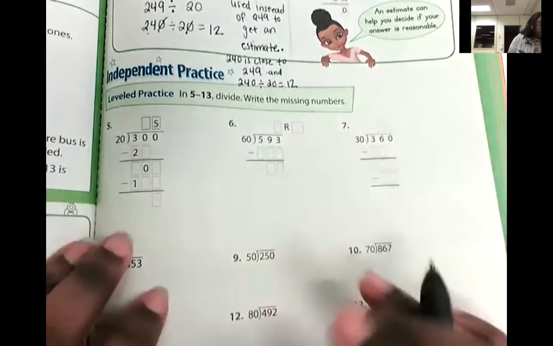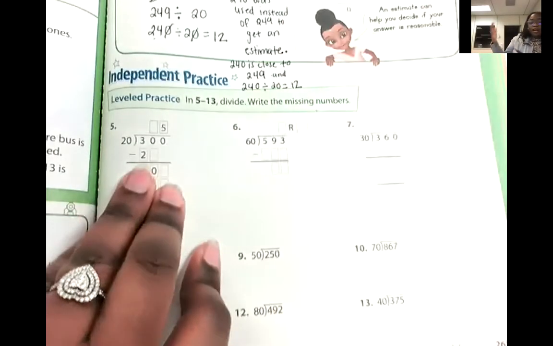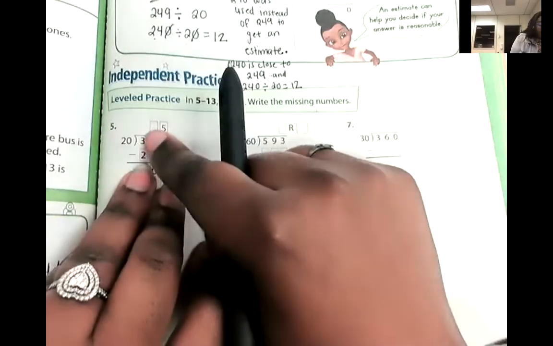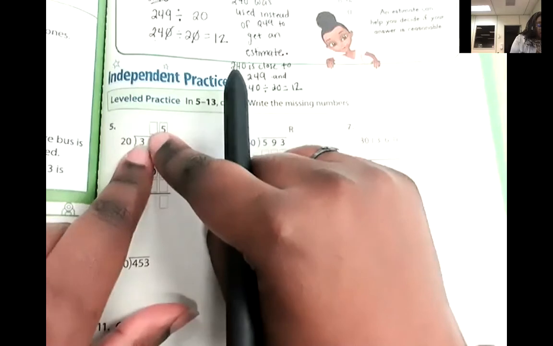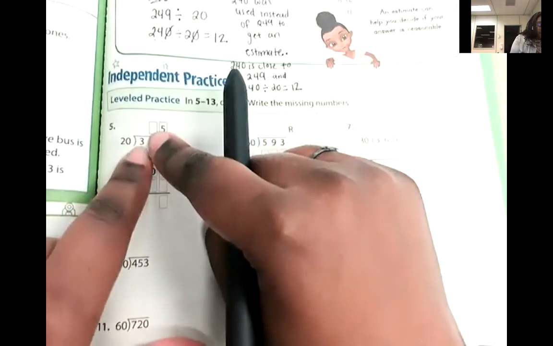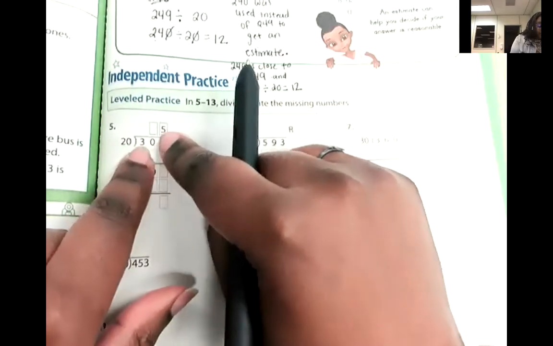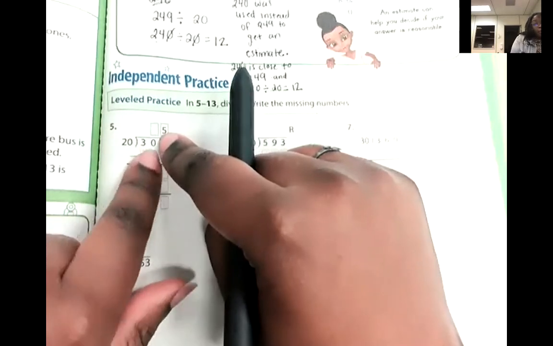Okay. So here, we're going to do how we are always doing. Cover up one number at a time. So we have 20 and then 3. 20 can't go into 3, but 20 can go into 30 one time. 20 times 1 is 20, right? 30 minus 20 gives me 10.